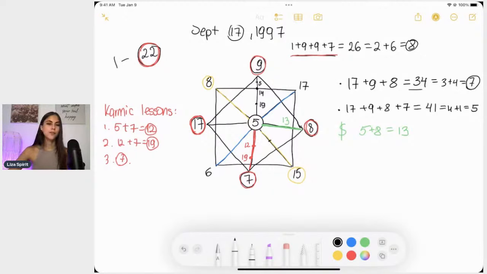We need to understand. That's why I was calculating the karmic sale, because we needed number 12 to finish talking about money, for example. 12 plus 13 is 25. And 7. But 7, it's going to be both for love.